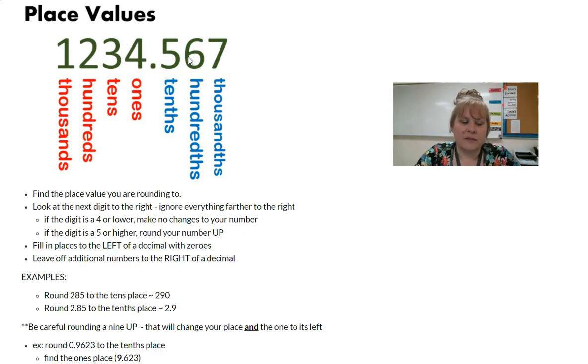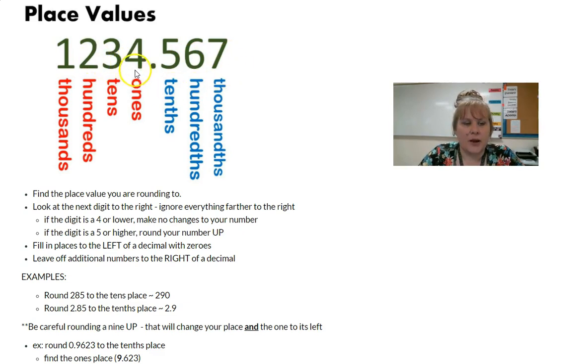Anything left of the decimal after where you've rounded should be filled in with zeros. Anything to the right of a decimal should be left off. So in this case, if we rounded our tenths place, 1,234.6, we would leave off these additional digits.